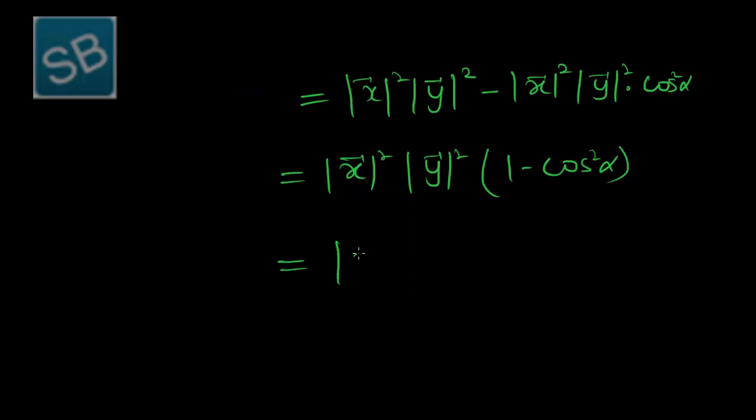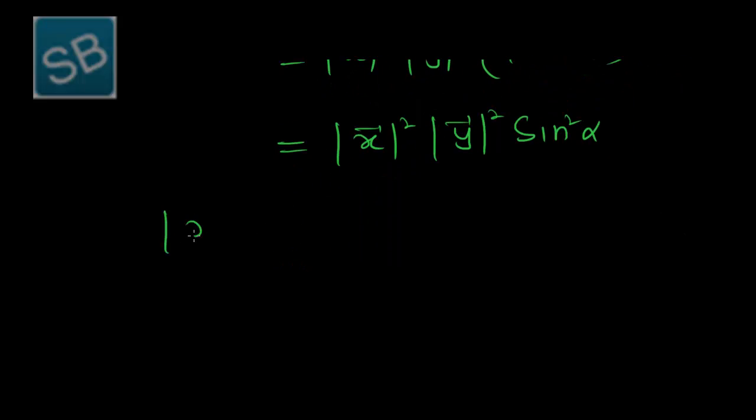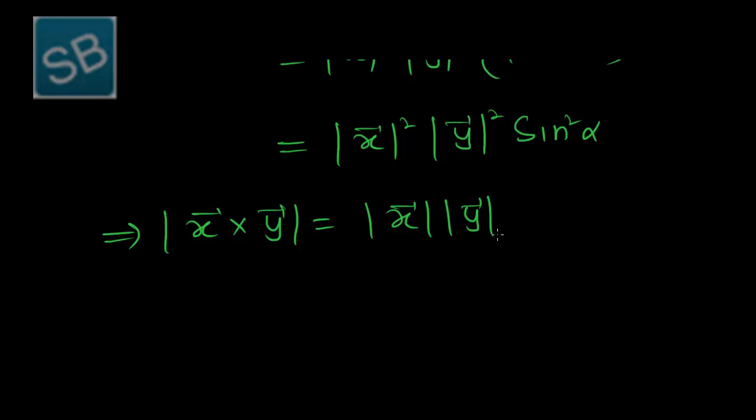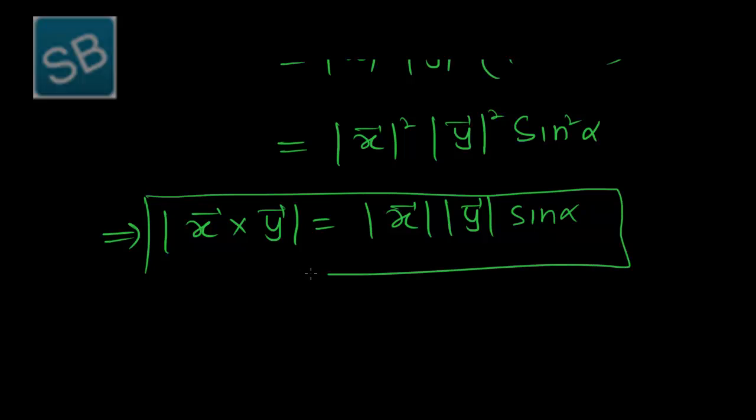So we get modulus x square modulus y square sin square alpha. So on taking square root we get modulus x cross y is equal to modulus x into modulus y sin alpha. So this is the second result of this theorem.